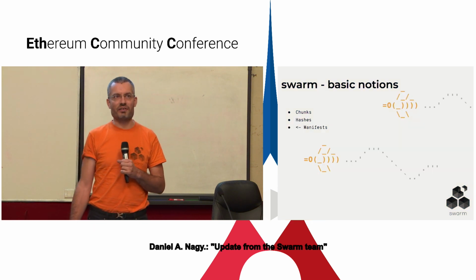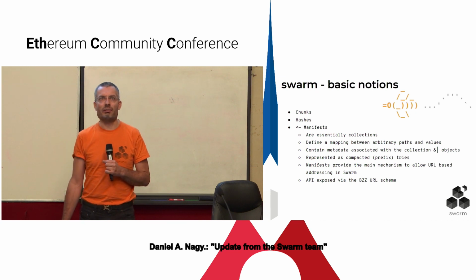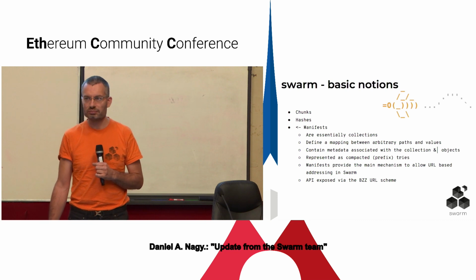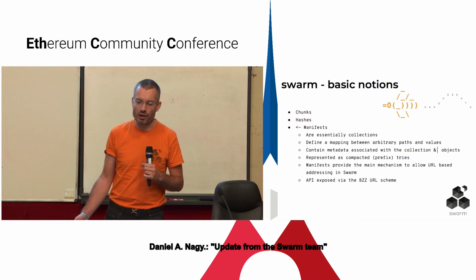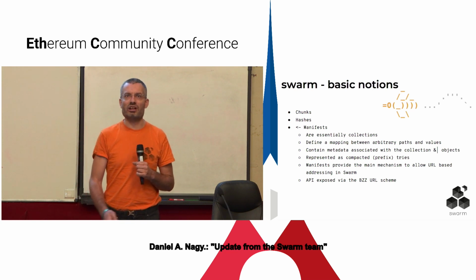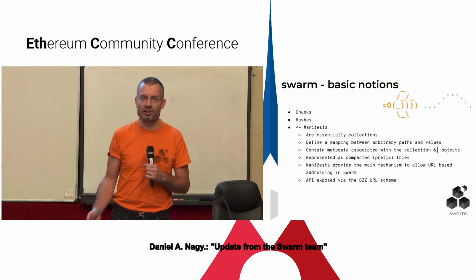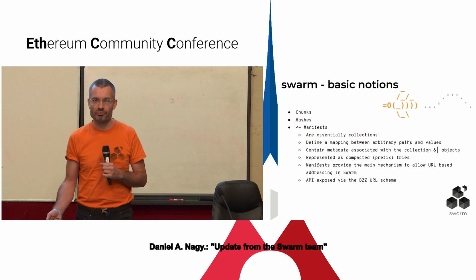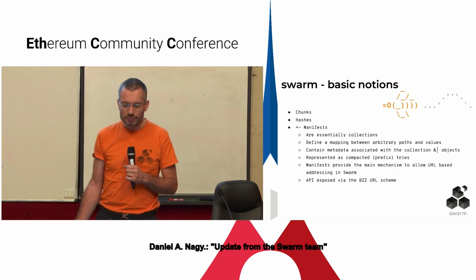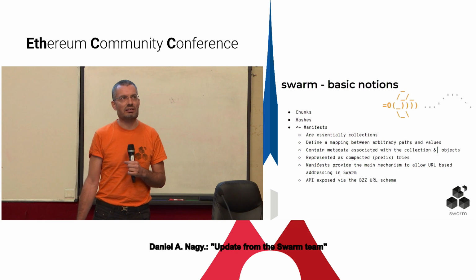So what are manifests? Manifests are the metadata holding containers for collections of any kind of objects. So they are a mapping between arbitrary access paths, basically strings, similar to URIs in web, in HTTP. And they contain also the metadata.